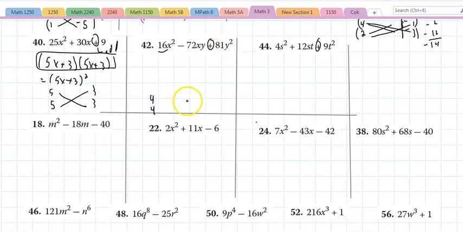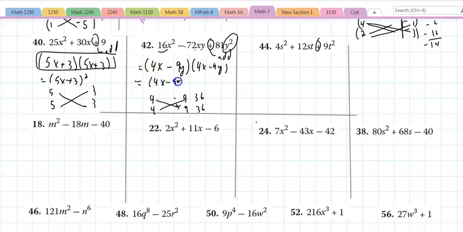Closest factors of 81 is 9 and 9. I need them to add to get me 72. 36 plus 36 is 72. To get negative, they're both negative. And this turns out to be 4, and there's an x there, minus 9. And do you notice there's a y squared? So basically, you could write it this way, or you could say that is 4x minus 9y squared.